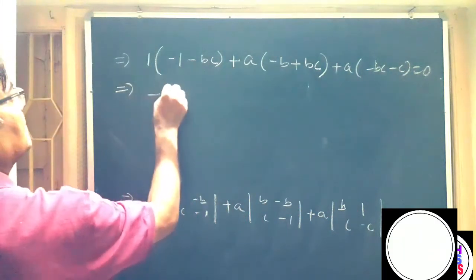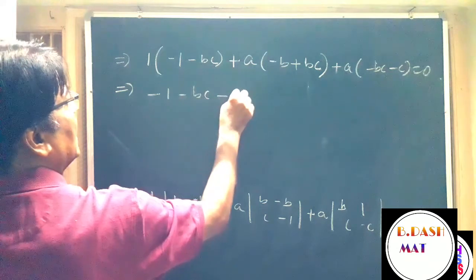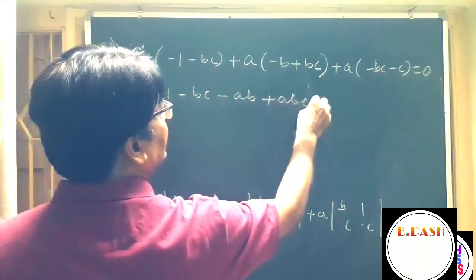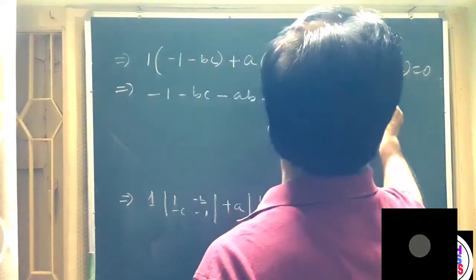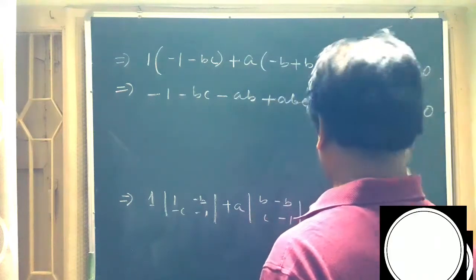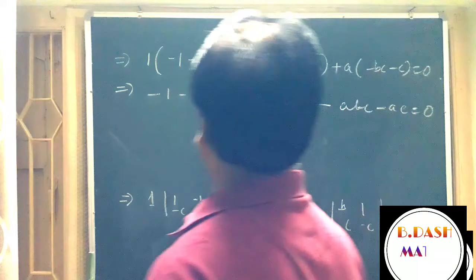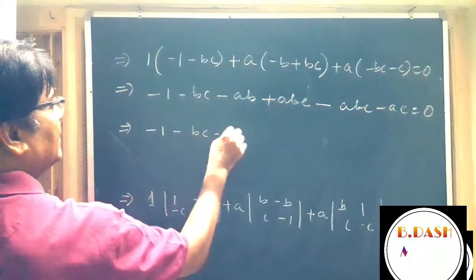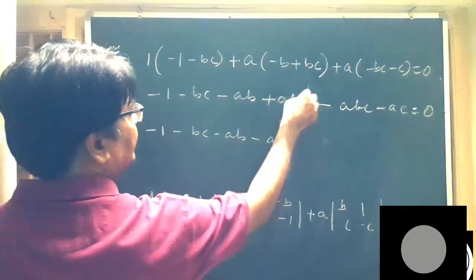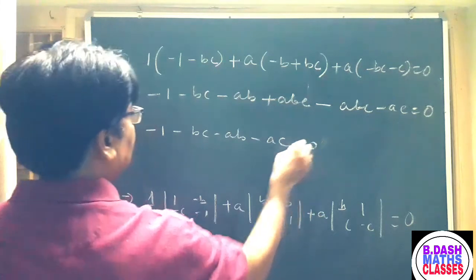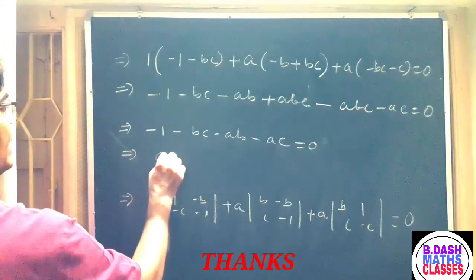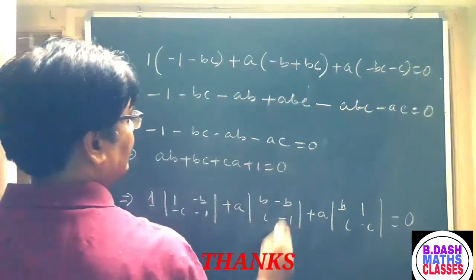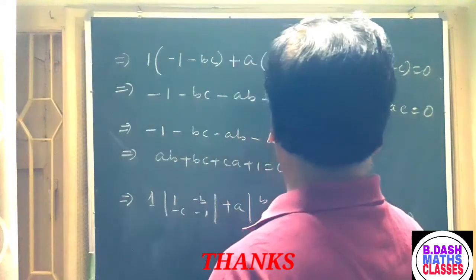So this implies minus 1 minus bc minus ab plus abc minus abc minus ac is equal to 0. This gives us minus 1 minus bc minus ab minus ac, because this abc cancels, is equal to 0. This gives us ab plus bc plus ca plus 1 is equal to 0, which is the required answer.